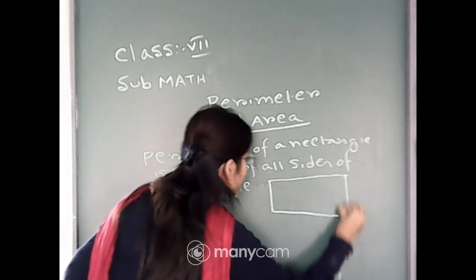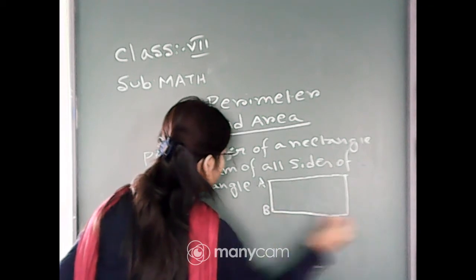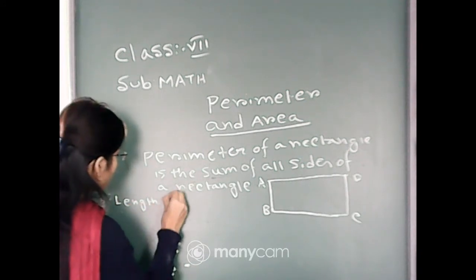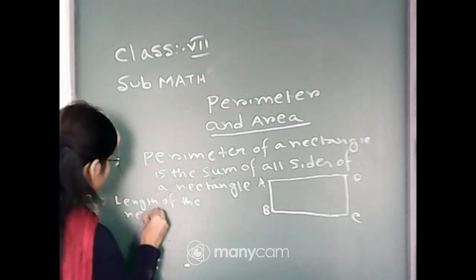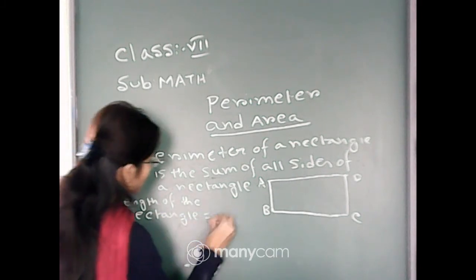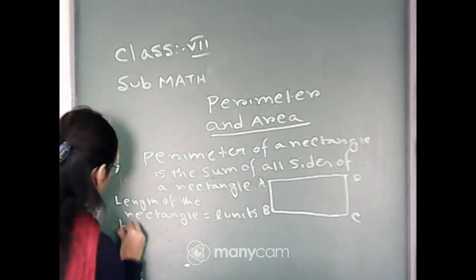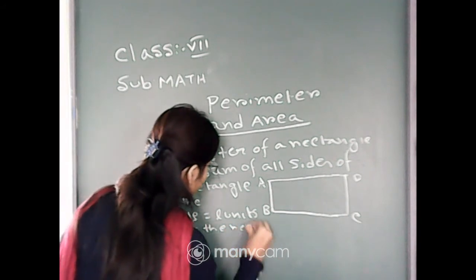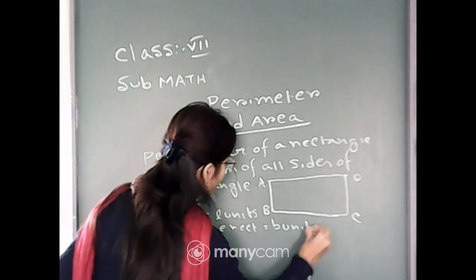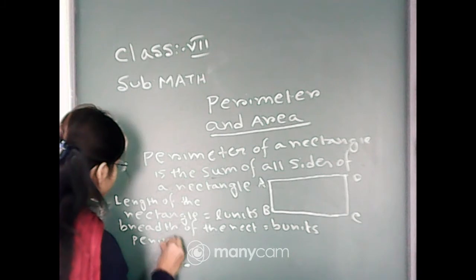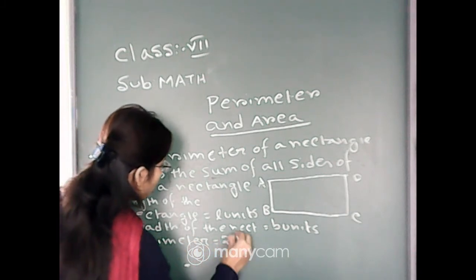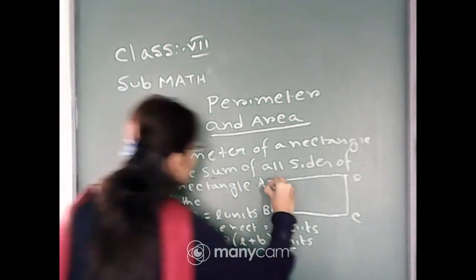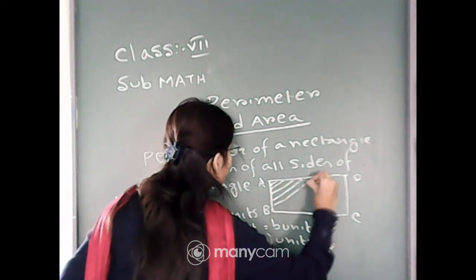Here ABCD is a rectangle. Length of the rectangle is equal to L units, and if breadth of the rectangle is equal to B units, then perimeter of the rectangle is equal to 2 into (L plus B) units, and the shaded region is the area of the rectangle.